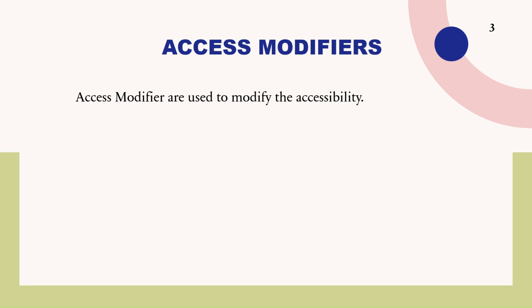Let's suppose you make your method private, which means you cannot access that method outside the class and outside the package. If you want to access it, you have to use getters and setters to use that method indirectly.